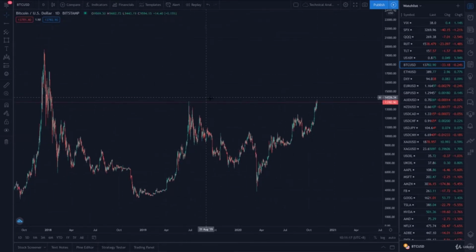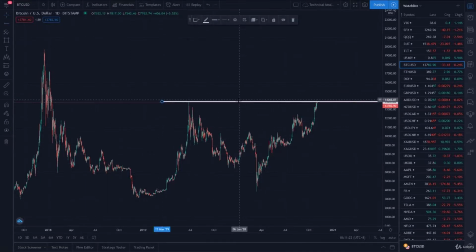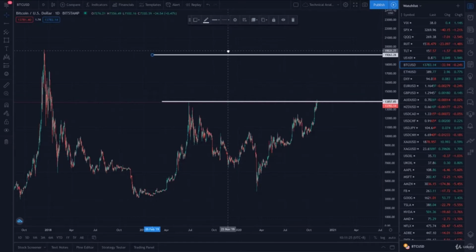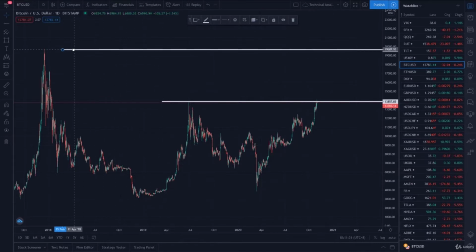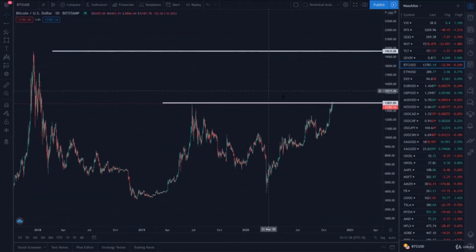And if we hit higher, what is the next key resistance we're looking at? If we do get a breakout of this level, then definitely the next price action we're looking at is the 19,000, I would say 20,000 level. That is the all-time high on Bitcoin.